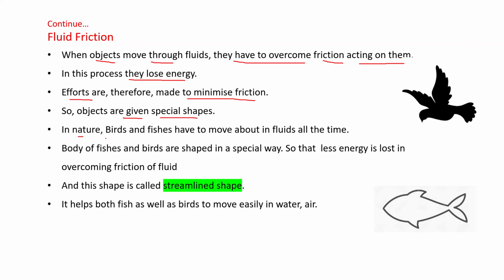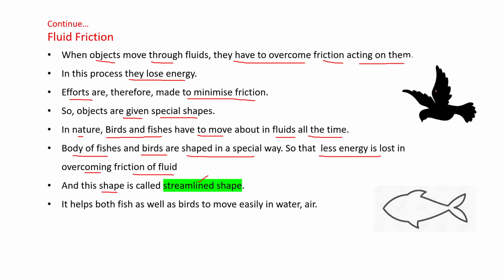In nature, birds and fishes have to move about in fluids all the time. The bodies of fishes and birds are shaped in a special way so that less energy is lost in overcoming friction of fluid, and this shape, that is the shape of fish and bird, is known as streamlined shape.